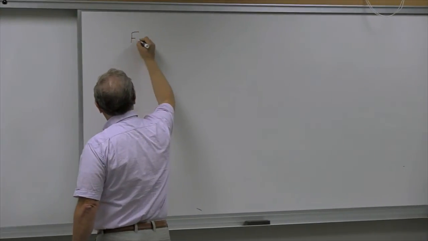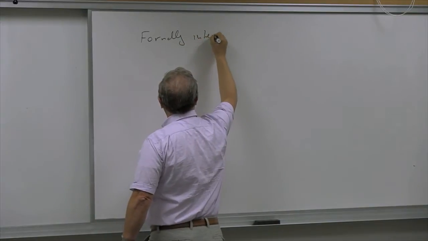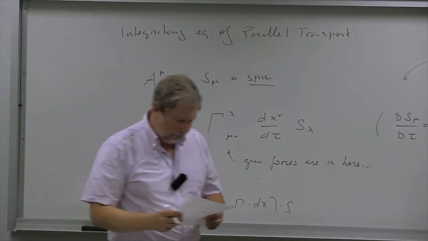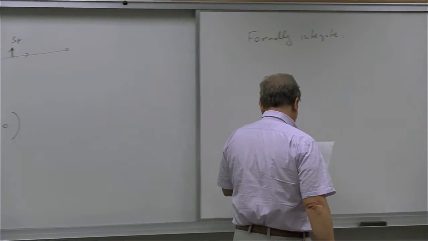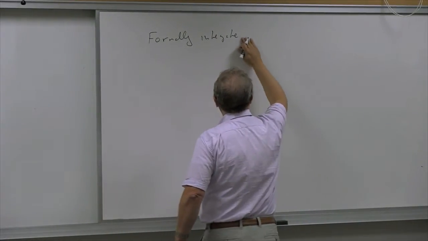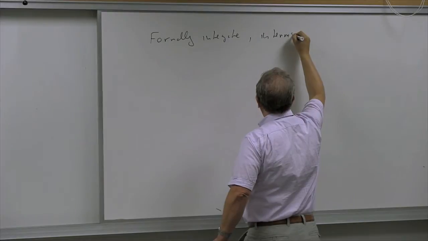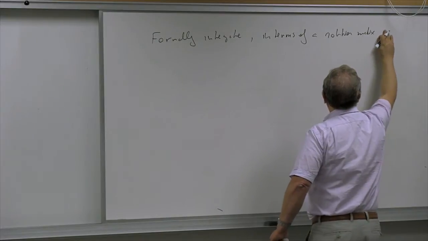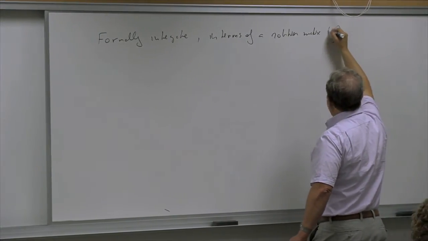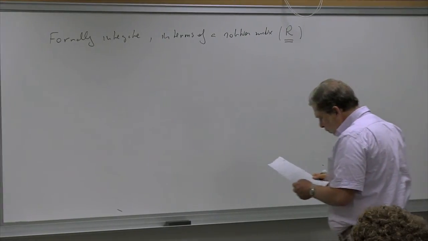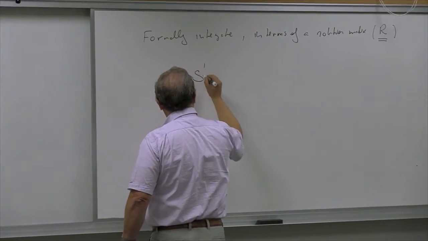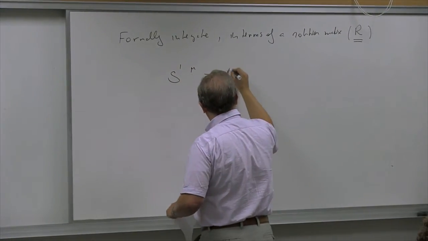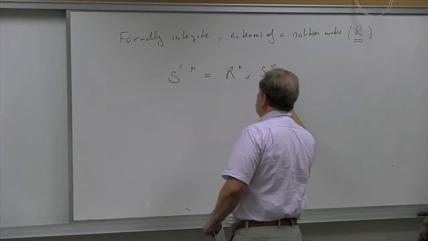And so we can formally integrate that equation by writing it in terms of a rotation matrix. That rotation matrix is going to be called R. And so we can write S prime with index up, S prime mu, is equal to R mu nu times S nu.